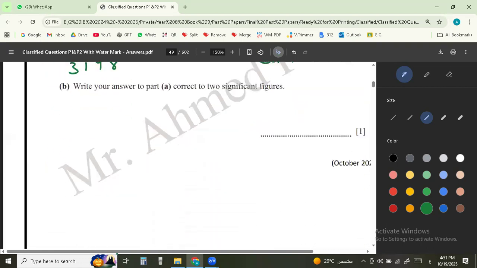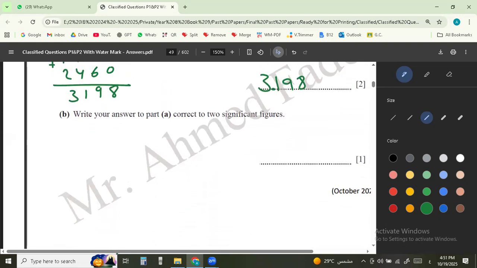Write your answer to part A correct to 2 significant figures. The first significant figure is the first non-zero figure, which is the 3. The second significant figure is here, but after it, I have a big number, so it's going to be 3.2.